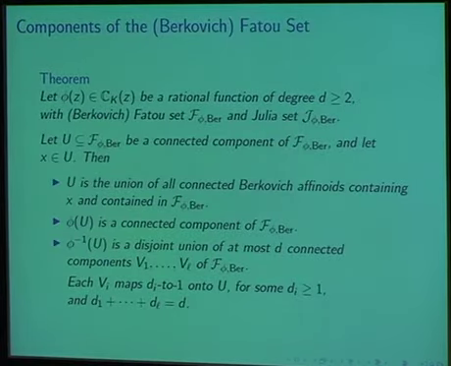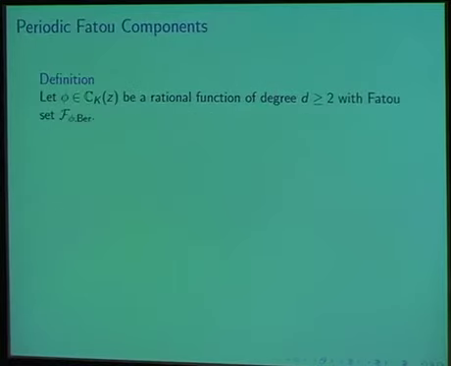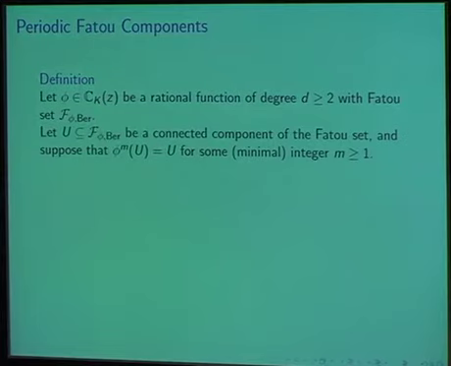So now you can talk about whether a component is fixed or periodic or pre-periodic or wandering. Let's look at periodic components just for the moment, including fixed components. Again, same basic data: you have a rational function, then take a connected component of exact, or minimal, period m.